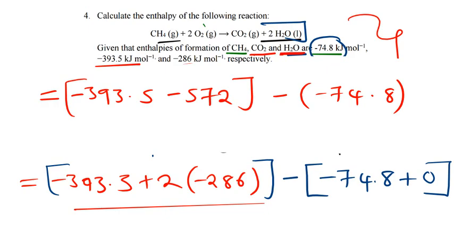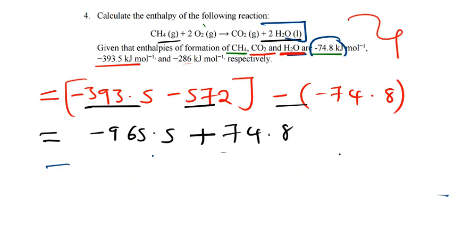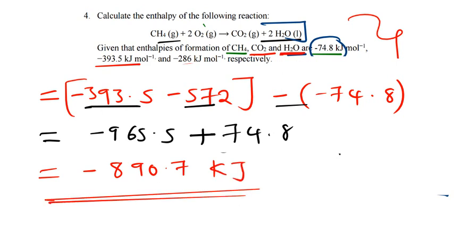Adding the first bracket gives negative 965.5, and then when you subtract the negative, the sign becomes positive, so plus 74.8, which will give you a final answer of negative 890.7 kilojoules. So that is the enthalpy of that reaction using the enthalpies of formation.